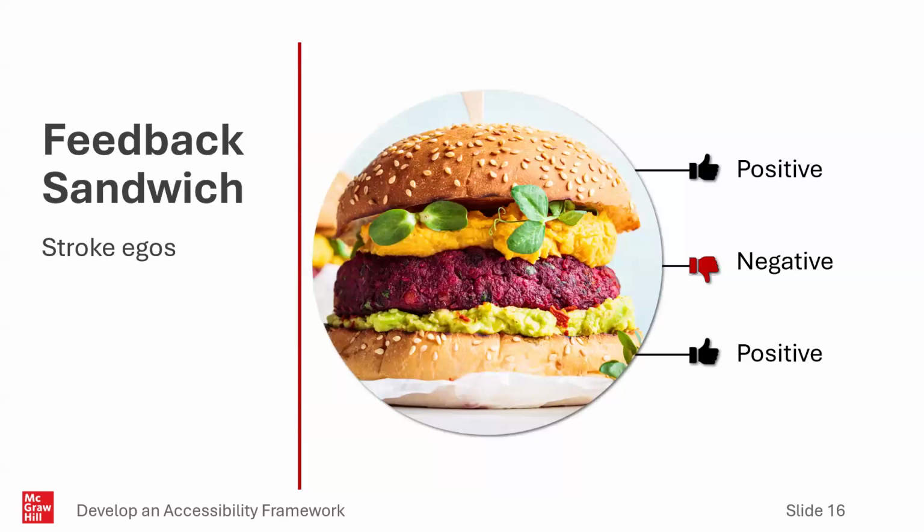So I learned about this method. You've maybe heard of it before as a feedback sandwich. So we have an image here where we have a burger, and there's a bun on the top and bottom, and those are both positive things. And then in the middle, whatever your fillings may be, hopefully as beautiful as this burger, because look at all those colors, negative.